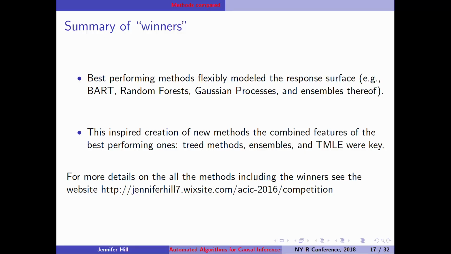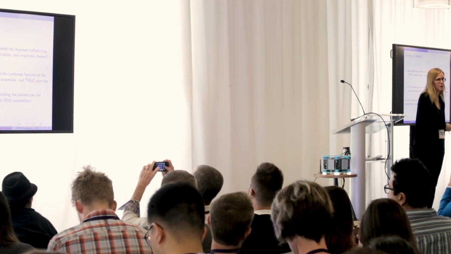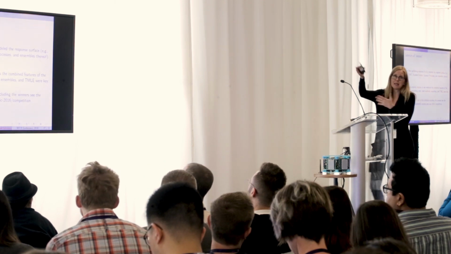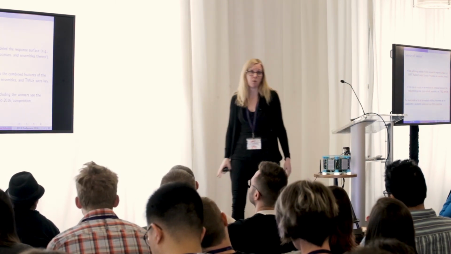But overall, if you really pushed us, the winners were ones that flexibly modeled the response surface, right? Which is new. This has not been emphasized in causal inference in the past 30 years. Everything has been about modeling the treatment assignment, things like the propensity score. In part because, again, there weren't these fancy methods until recently that could do the other part well.